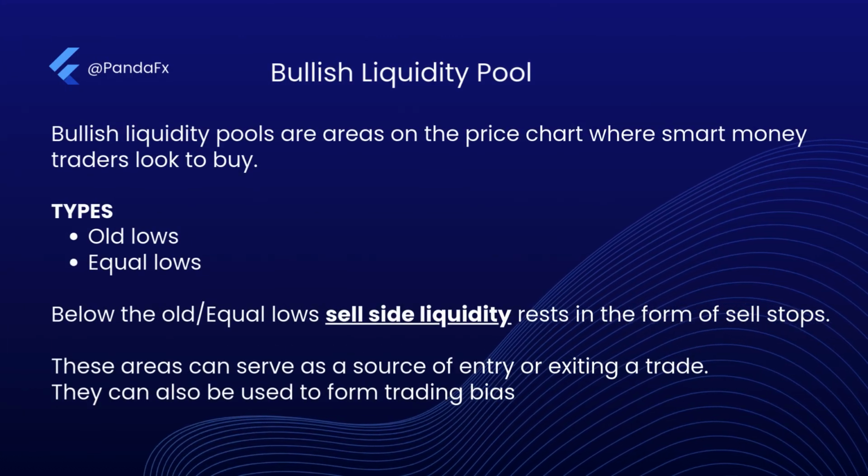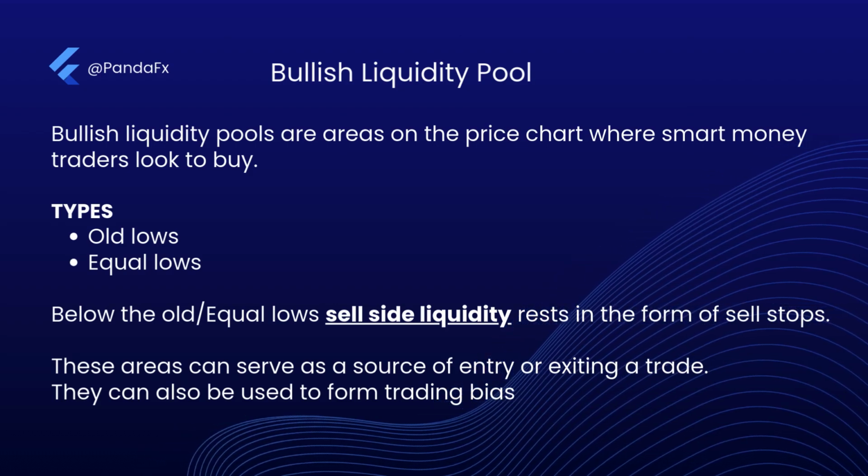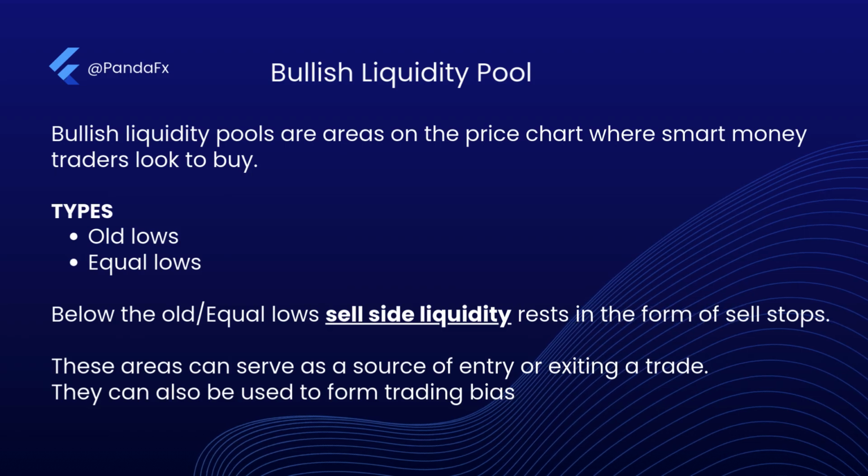Bullish liquidity pools now. Bullish liquidity pools are areas on the price chart where smart money traders look to buy or exit their positions. Types of bullish liquidity pools we have are lows, old lows, and equal lows. Below the old or equal lows, sell side liquidity rests in the form of sell stops.